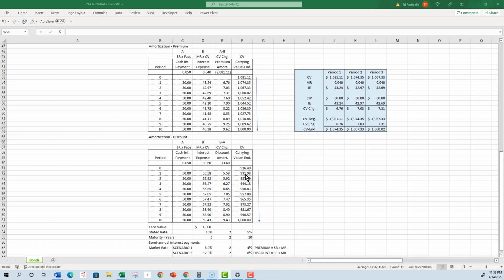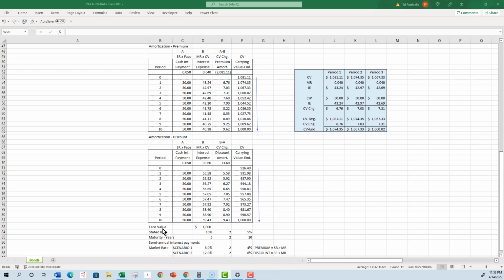So when we do carrying value calculations for discounted bonds, we always add the change in the carrying value to the prior period carrying value.